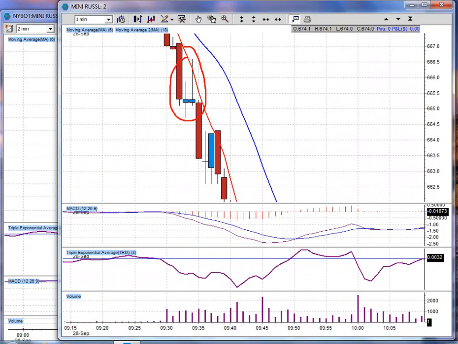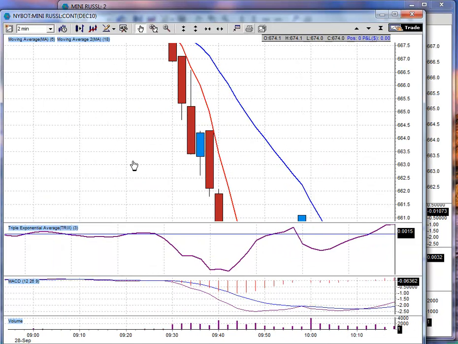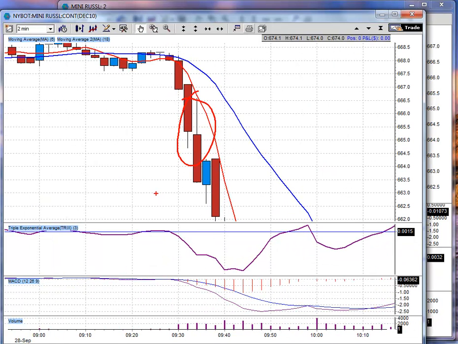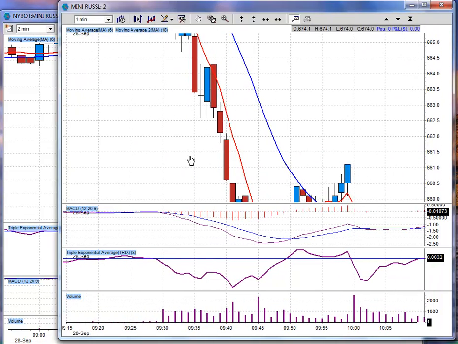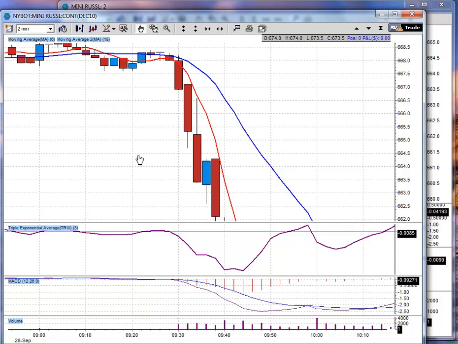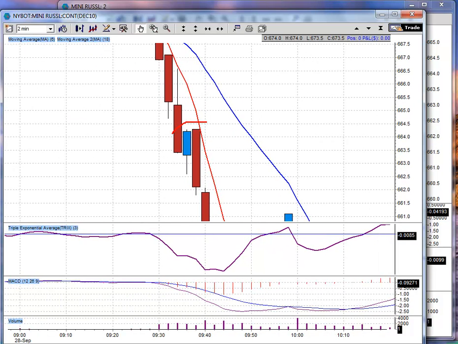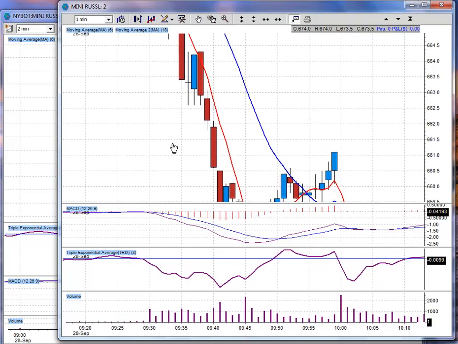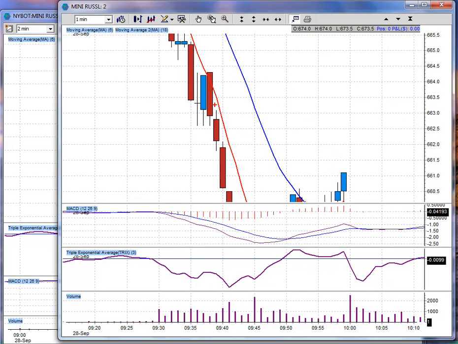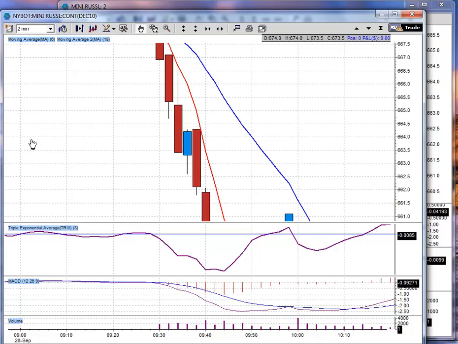You can see that here with this slingshot type of pattern. So be careful with the 1-minute chart, but if you're using the 1 minute to help you find a better entry point on a 2-minute setup, it can be a really good thing to allow you to find entry points that you wouldn't find otherwise.